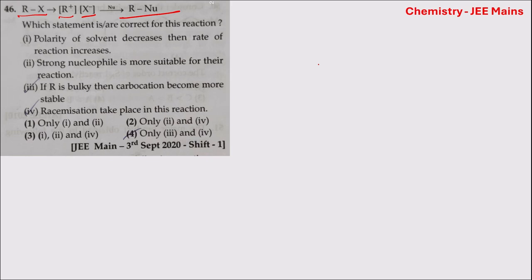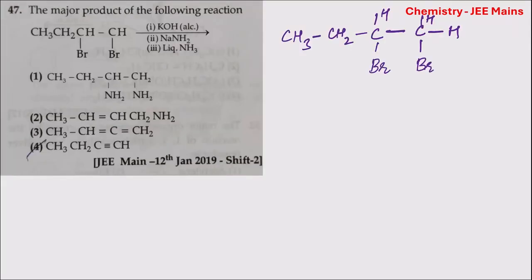No. Now if R is bulky, then carbocation becomes more stable. Correct. Racemization takes place in this reaction. Correct. Yes, in SN1 reaction, the products formed are optical isomers of each other. So racemization takes place in this reaction. And more is the stability of the carbocation, greater is the reactivity. So statements 3 and 4 are correct. Correct option is option 4.